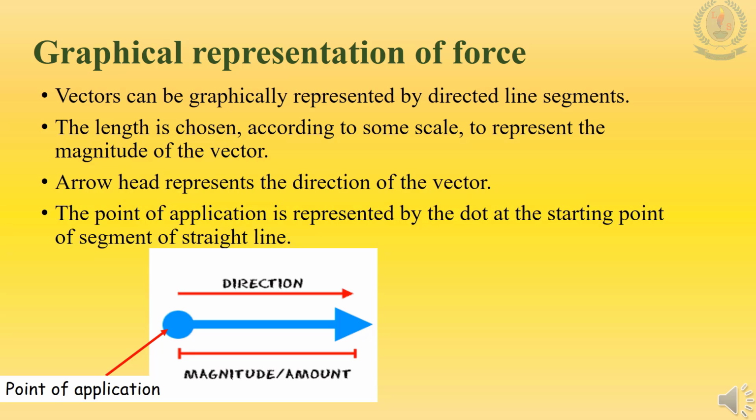The length is chosen according to some scale to represent the magnitude of the vector. The arrowhead represents the direction of the vector. The point of application is represented by the dot at the starting point of the straight line segment.